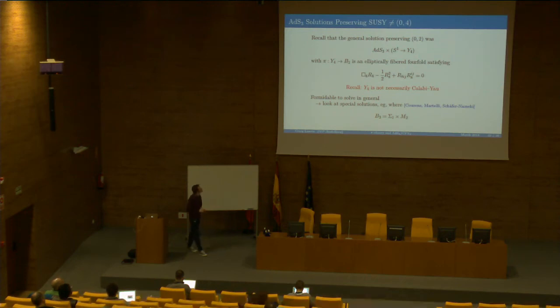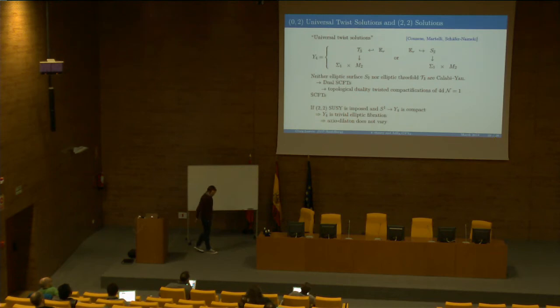So I just want to stress this point, of course, that the base now no longer needs to be Calabi-Yau, which is in contrast to the case where you have a transverse flat space, like Minkowski. Okay. So here are a couple of solutions. These two solutions in this paper were called the universal twist solutions.